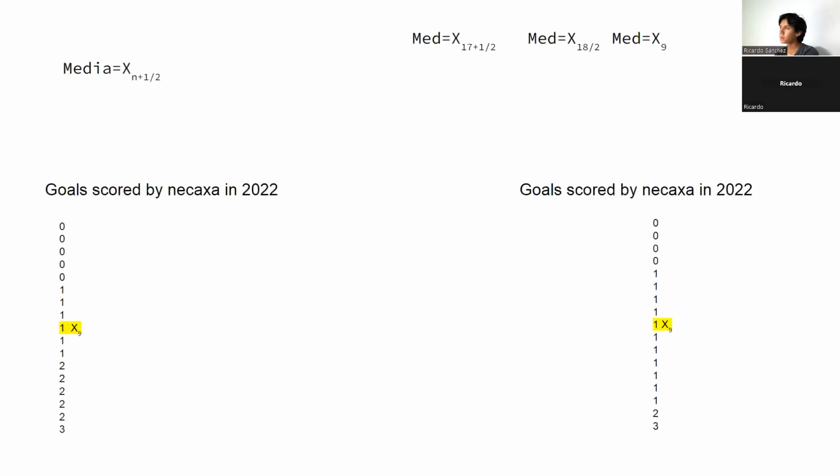Then the median. This is the formula for the median, but this formula doesn't give us the value. This formula only gives us the position where the value of the median is. So it's the number plus 1 and the result of that over 2.